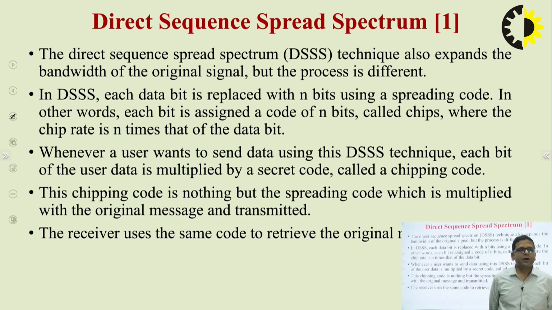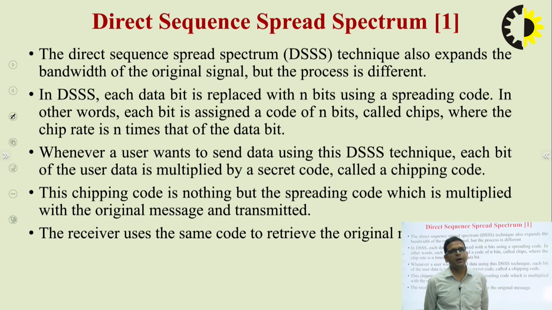Whenever a user wants to send data using the direct sequence spread spectrum technique, each bit of user data is multiplied by a secret code or chipping code, which is basically a PN sequence, a pseudo noise sequence.